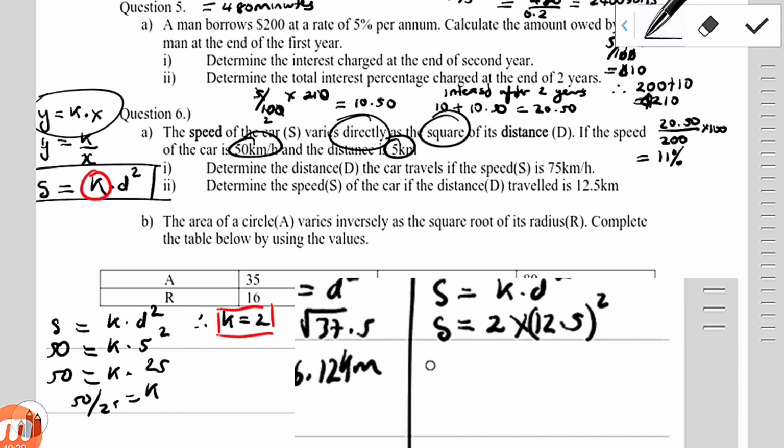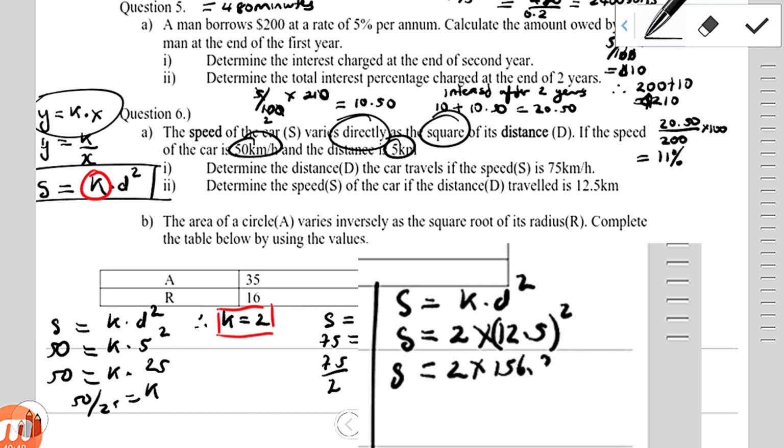Now we have s is equal to 2 multiplied by, when we square 12.5, we end up with 156.25. Multiplying that by 2, we get the speed to be equal to 312.5 kilometers per hour.